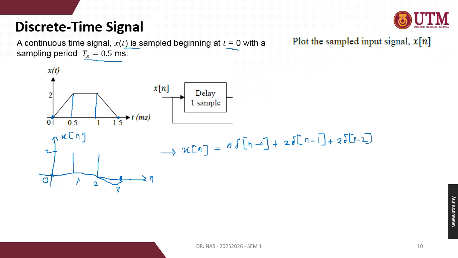All right, lastly, plus 0, delta n minus positive 3. So you can simplify this equation: this one is 0, so 2 delta n minus 1 plus 2 delta n minus 2, and then this one 0 again. So this is your x[n], this discrete signal equation.